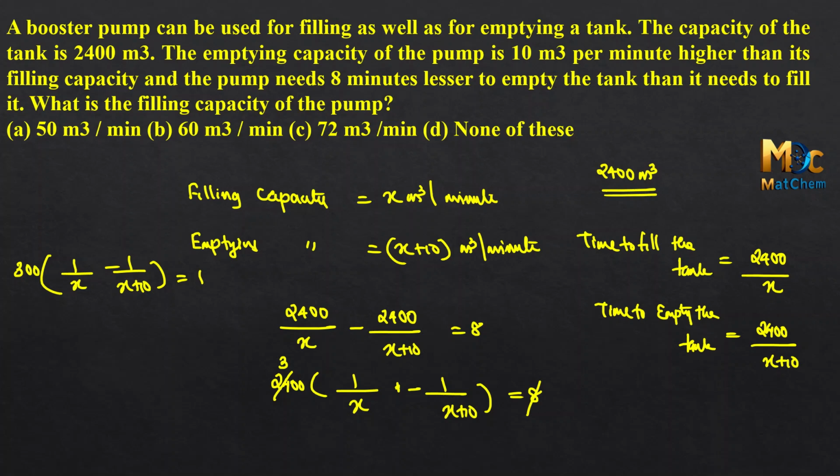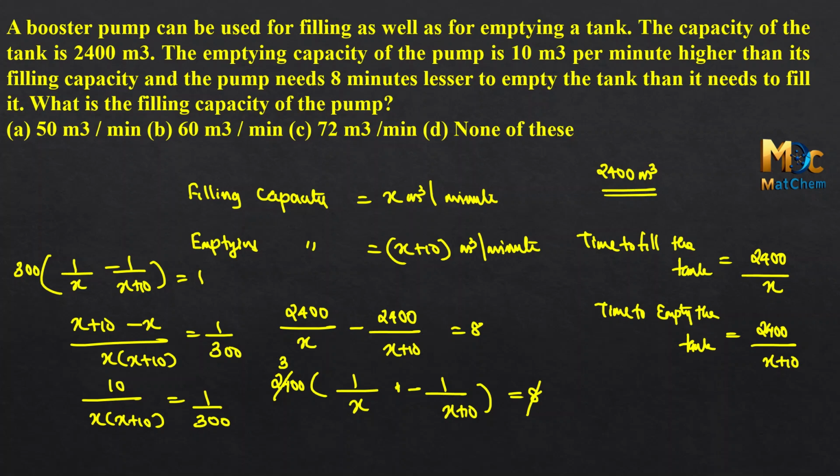If you cancel 8 with 2400, you get 300. So 300 into the bracket 1 by x minus 1 by x plus 10 equals 1. If you simplify the bracket by cross multiplication, you get x plus 10 minus x divided by x into x plus 10. Take this 300 to the other side, and it becomes 1 by 300. So x minus x becomes 0, and 10 divided by x into x plus 10 is equal to 1 by 300.